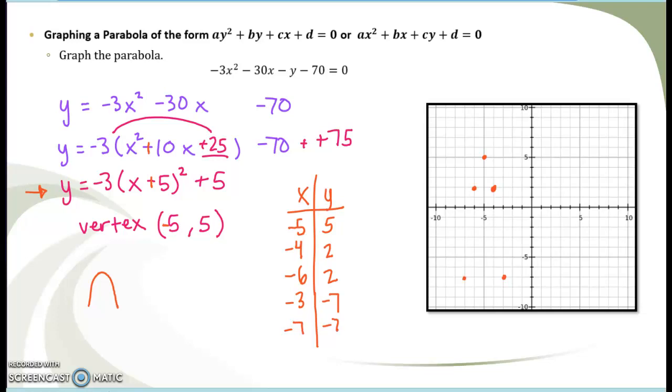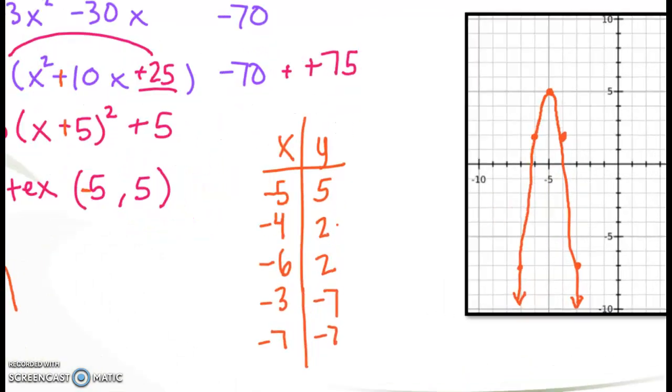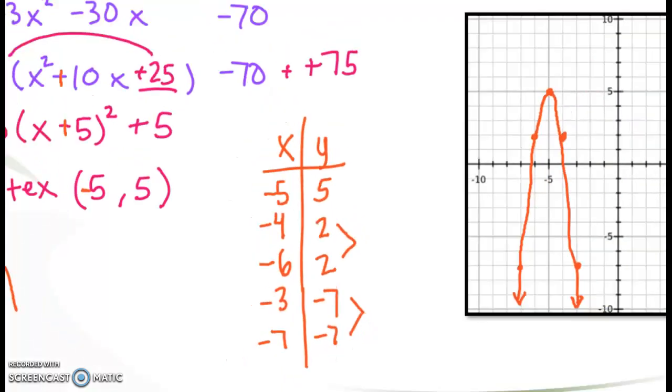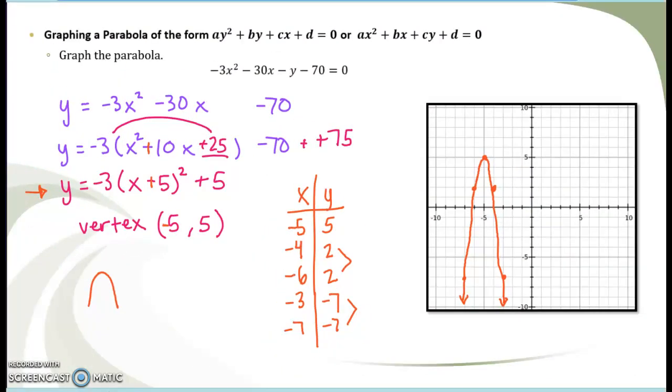And that happens because of the axis of symmetry. Right? So you can see these 2 points right here happen because of the axis of symmetry, as do these 2 points right there. So that is graphing parabolas of that form.